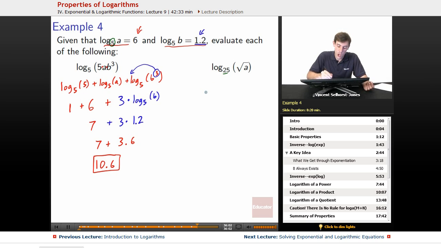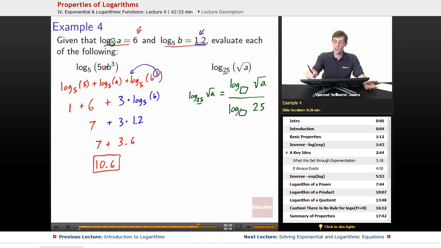So change of base, we have that log base 25 of root a is the same thing as log of some base of root a divided by log of some base of 25. So what do we want to use there? Well, we probably want to use 5 because that's the thing we have all of our information on. So 5 and 5 here.